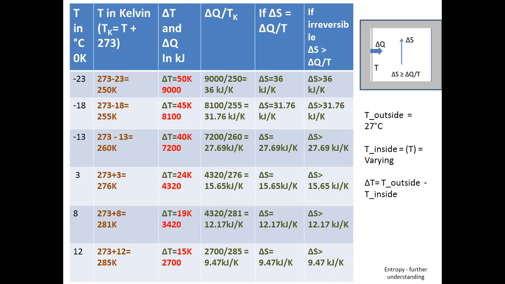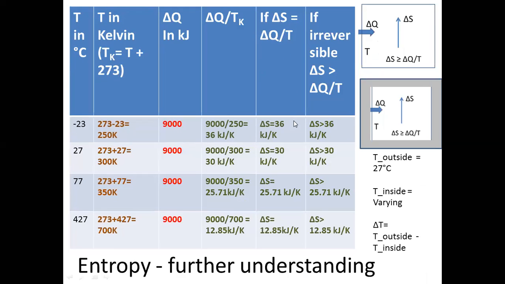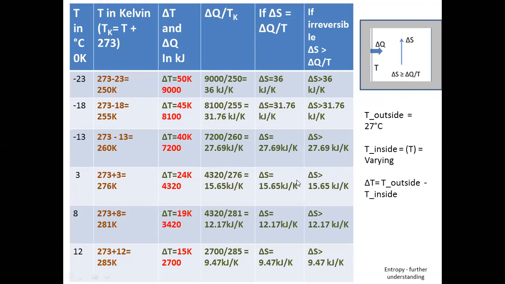You can see minus 23 for frozen, minus 18 optimal frozen, minus 13 is also considered serving condition. 3 for dairy, 8 for white wine, and 12 for the beverage, including red wine. So here, TK, now you can see when the delta T changes, delta Q changes, delta Q by TK changes, delta S. If delta S is delta Q by T, it means reversible, this is how delta S. If irreversible, this is the case.